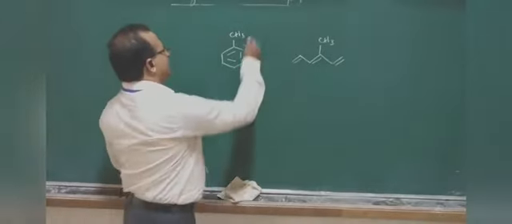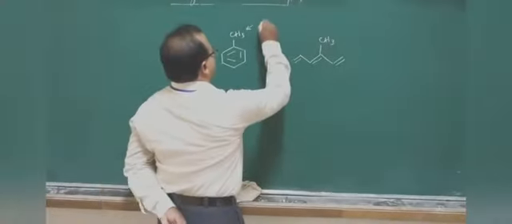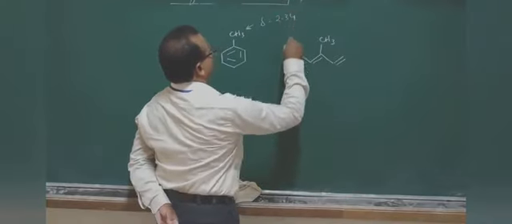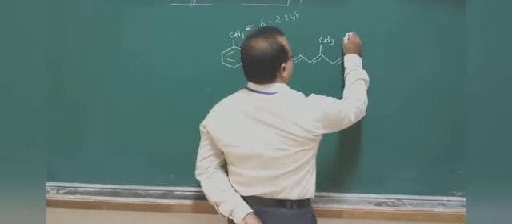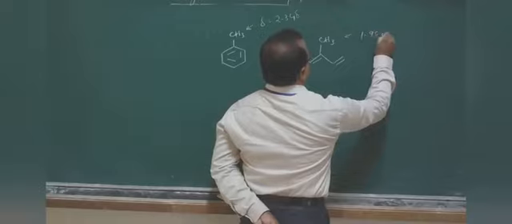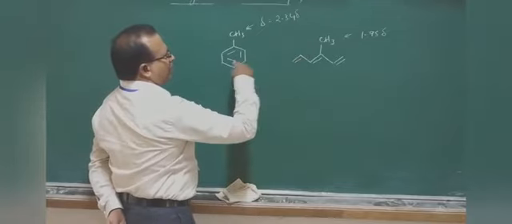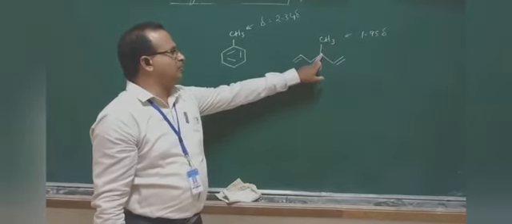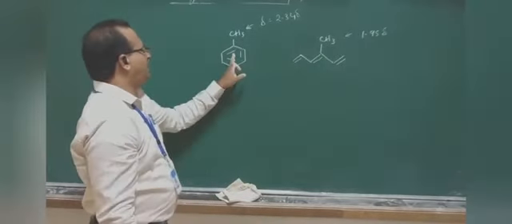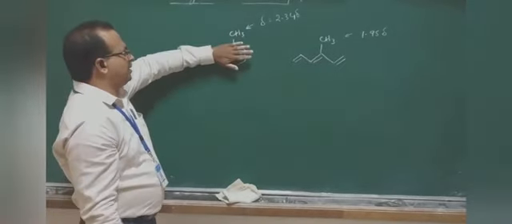Here the chemical shift for the methyl group is about 2.34 delta, and for this one the chemical shift is 1.95 delta. Both molecules are isomers, and here the methyl group is attached to an acyclic conjugated system, and here the methyl group is attached to an aromatic conjugated system or aromatic ring.